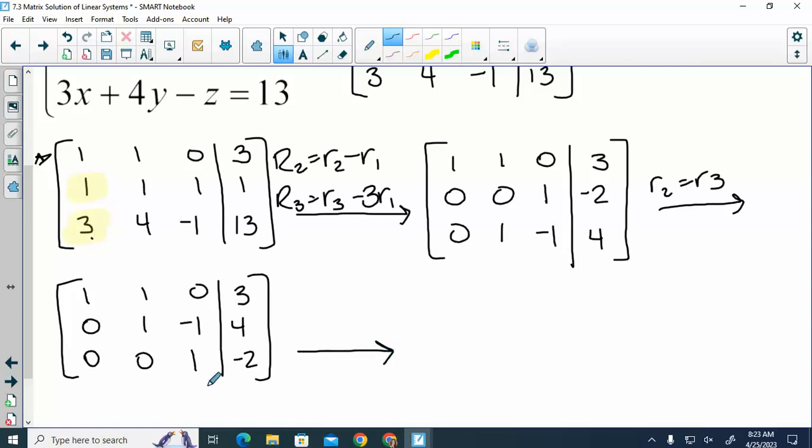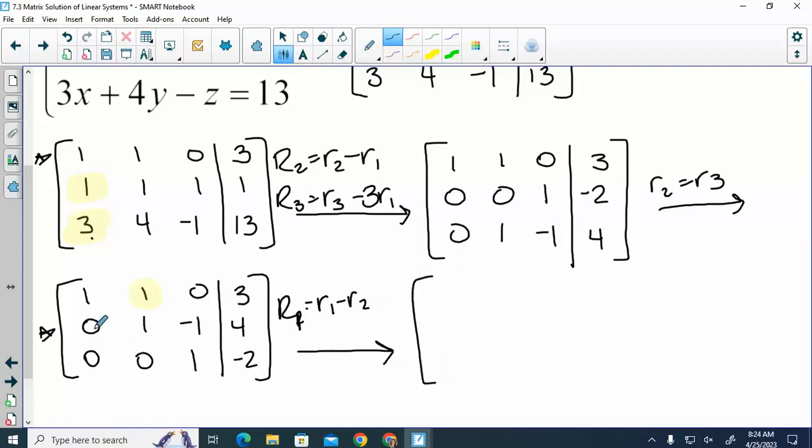We do already have one part of the solution, don't we? So we need a 1. We've got that. Everything else in the column needs to be 0, so that's really just the first one. So let's use row 2 to get that. Row 1 equals row 1 minus row 2.